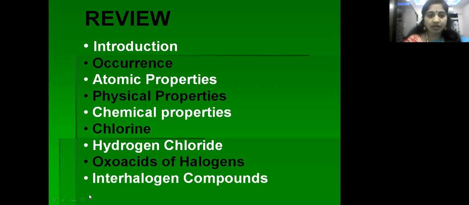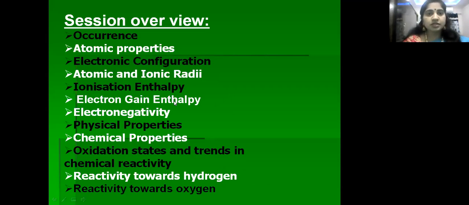So let us have a look at today's session. In today's session, we are going to cover these subtopics, children. Occurrence of these 17 group elements, and in atomic properties: electronic configuration, atomic and ionic radii, ionization enthalpy, electron gain enthalpy, electronegativity.